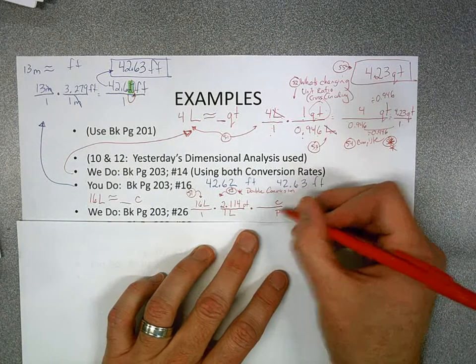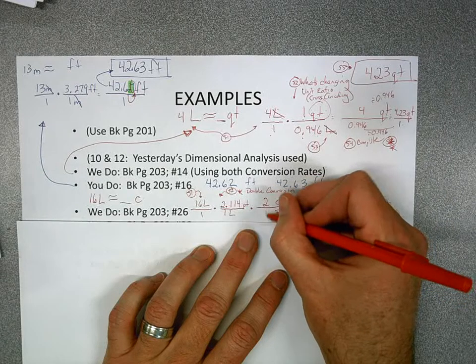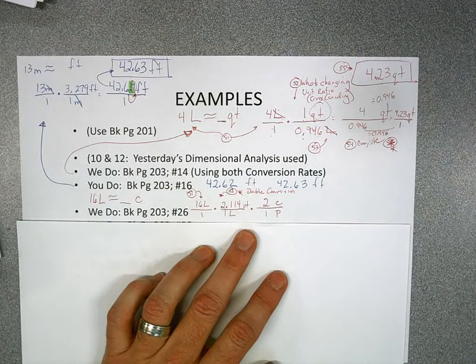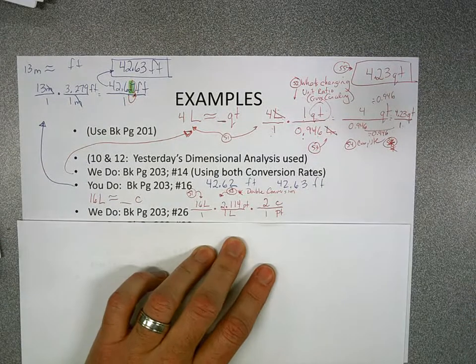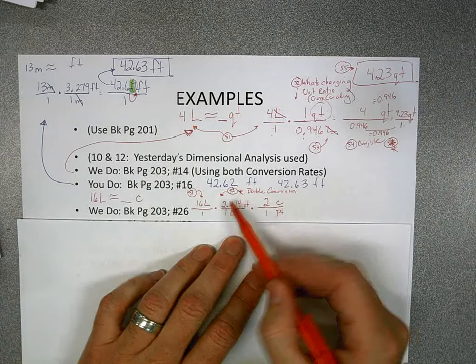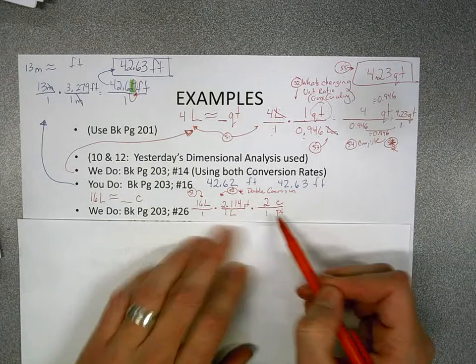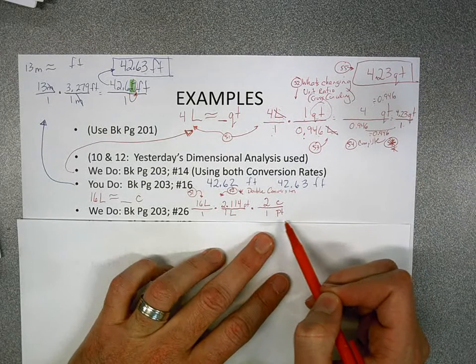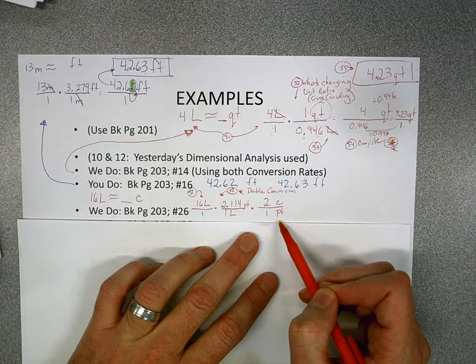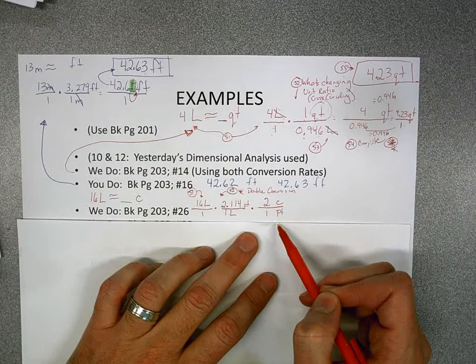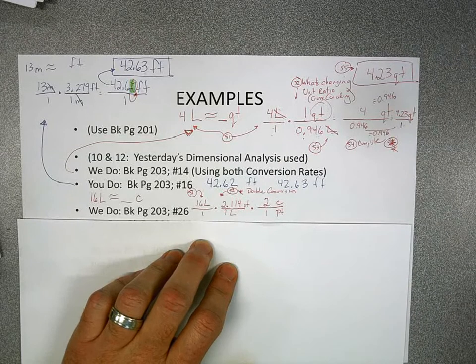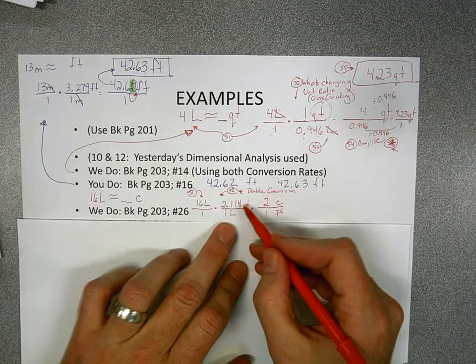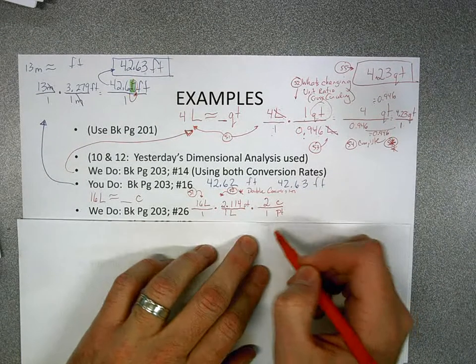I have 2 cups for 1 pint. I'm getting to liters to cups via the route of pints. So I'm going to take a detour and use liters to pints and then pints to cups.